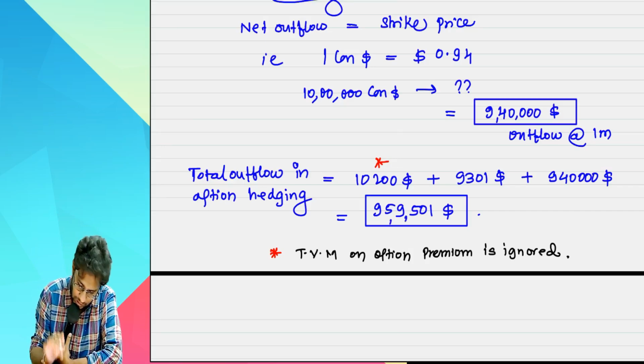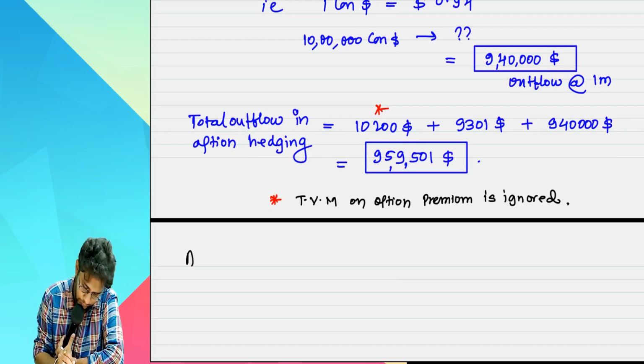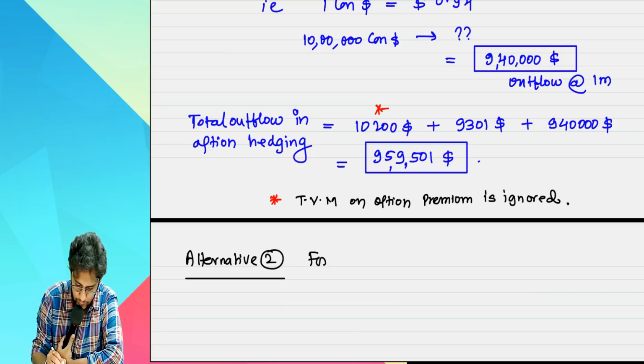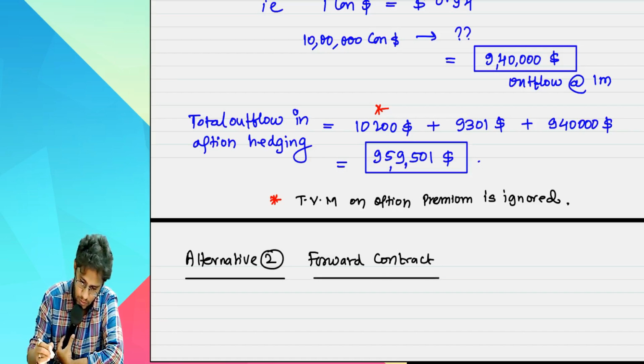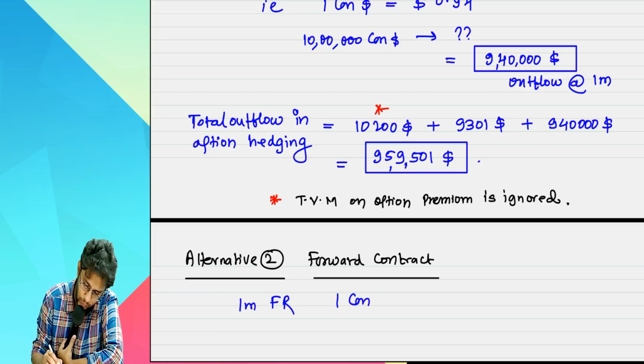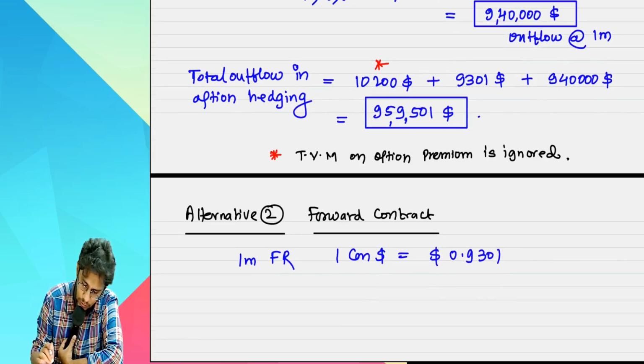Now under this only, alternative 2. What is alternative 2? Forward hedging. 1 month forward rate, 1 CAN dollar is equal to $0.9301.